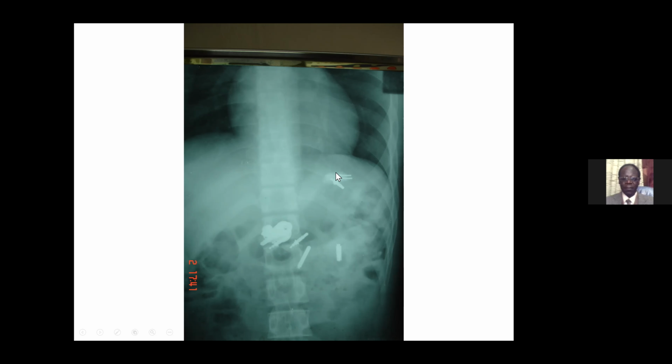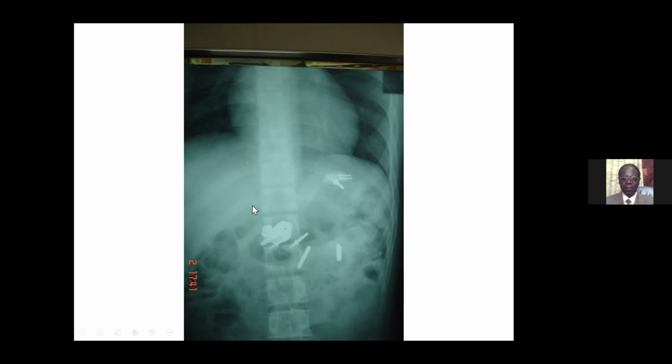So if they have already passed that narrowest point, so long as they are not sharp and do not perforate anywhere, they will exit eventually. And we can also see gas in the stomach, the fundus, the body, and what looks like the duodenum.